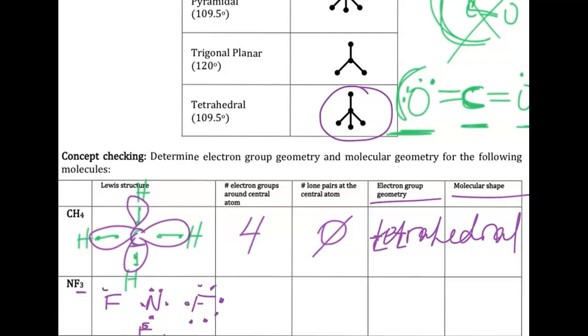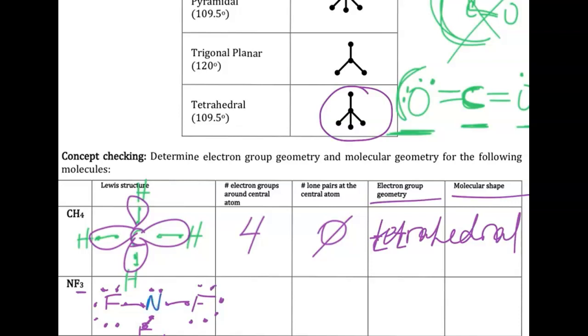So there are 3 bonds here between nitrogen and fluorine. Remember, all electrons should be paired. So we have 1, 2, and 3 bonds here, and this is our Lewis dot structure.